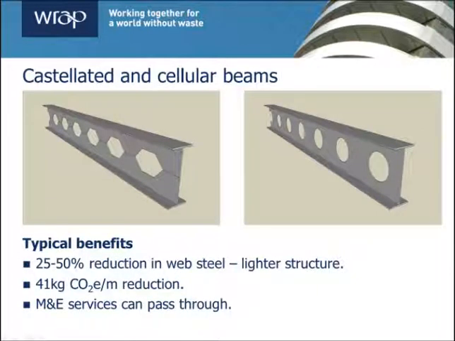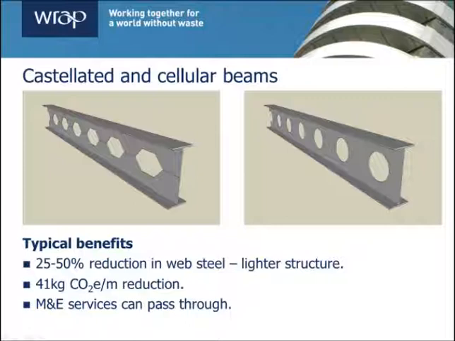Castellated and cellular beams can achieve the same strength as solid I-beams of the same depth with significantly less steel use, resulting in lighter weight and between 25% and 50% less steel. Castellated beams are created by cutting along the length of the section in a waveform and welding the two pieces to form a deeper section with hexagonal openings.